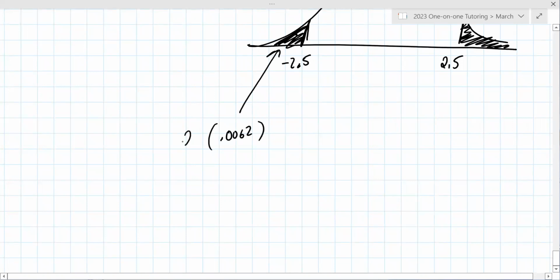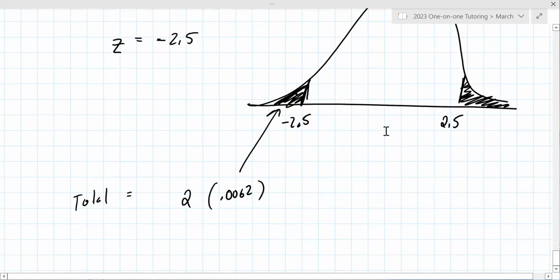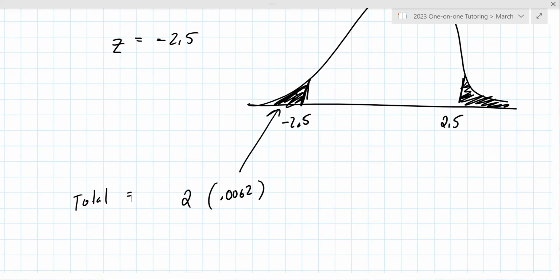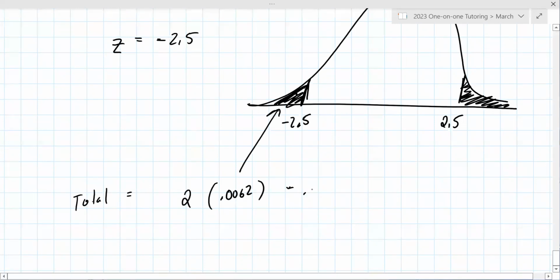So you double it to get the total area of the left and the right. So in this case, it's 0.0124. Okay. Both. Okay. All right.